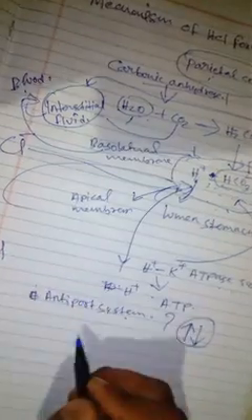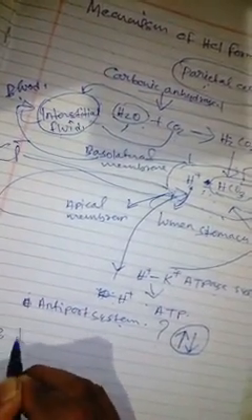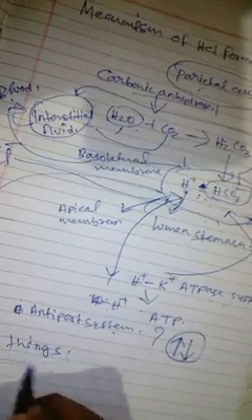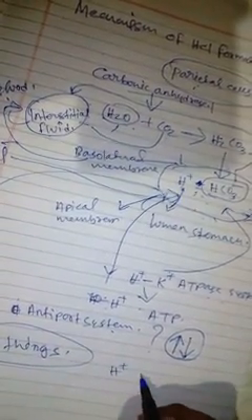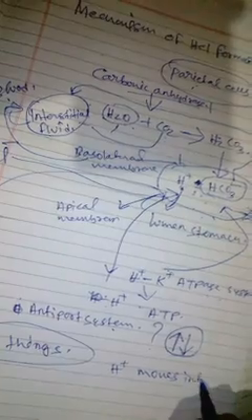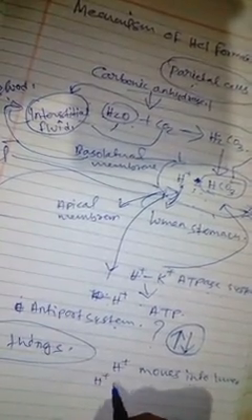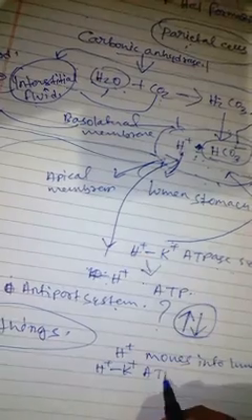So we have to keep in mind three things. What are the three things? Hydrogen moves into the lumen by hydrogen potassium ATPase.